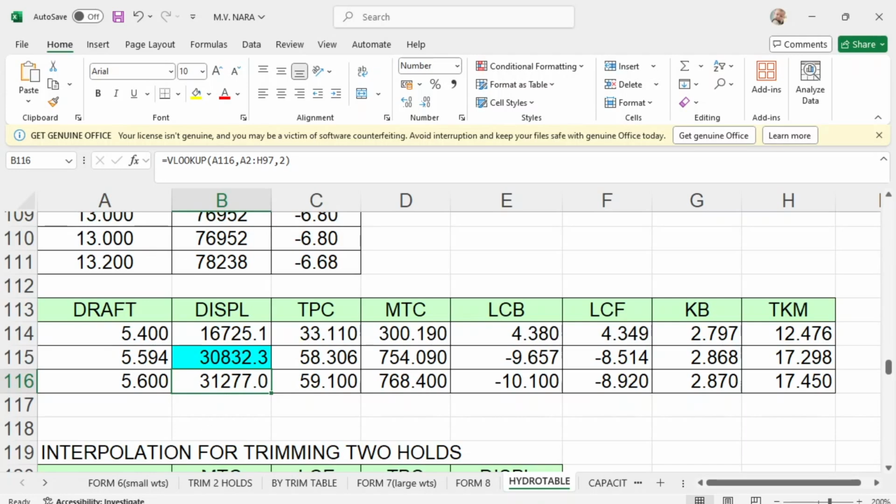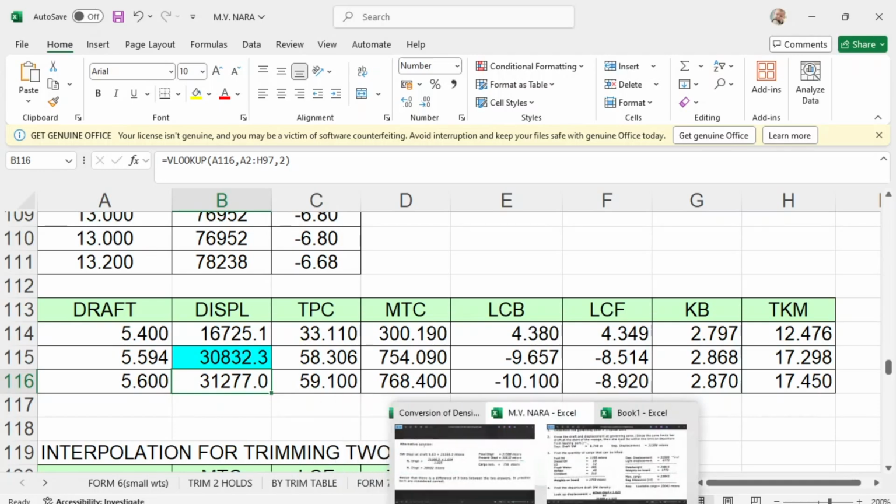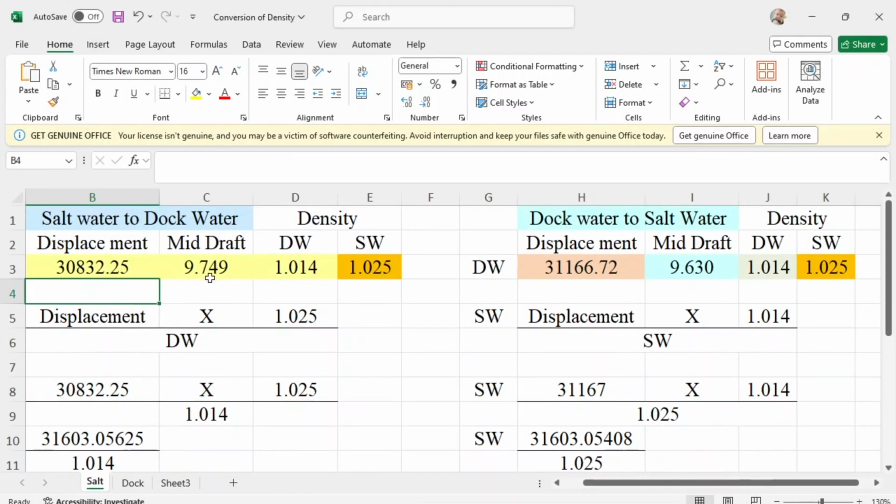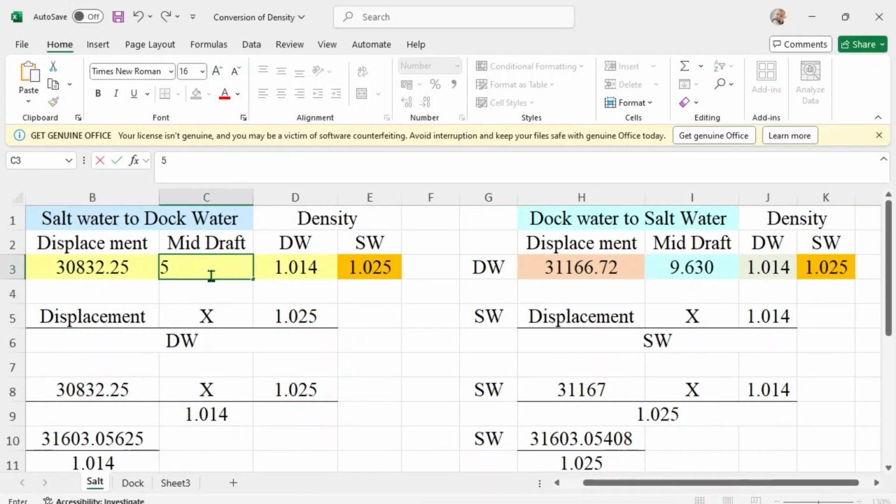Okay. 5.94. And how much would that be in dock water?